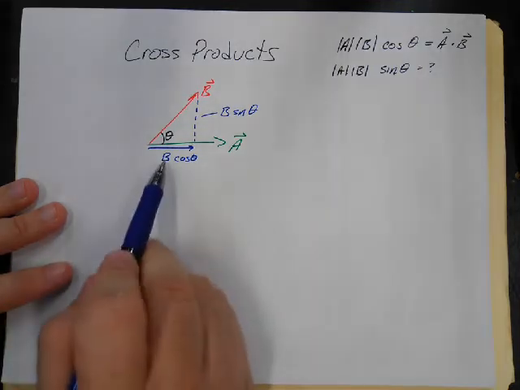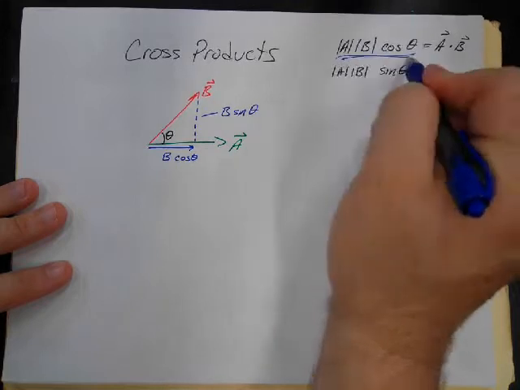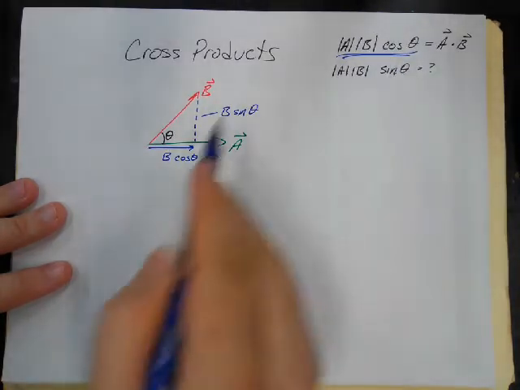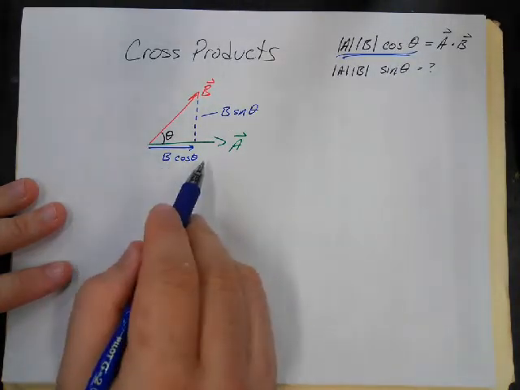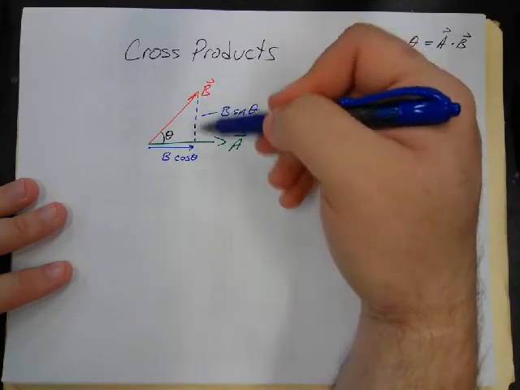So this first one is saying, I just want the part of B that's along A. This one is saying, I want the part of B that's perpendicular to A.